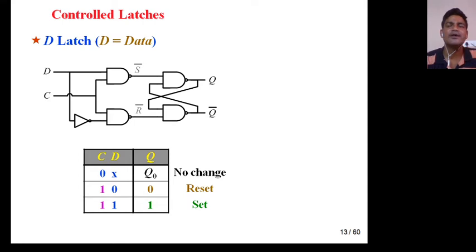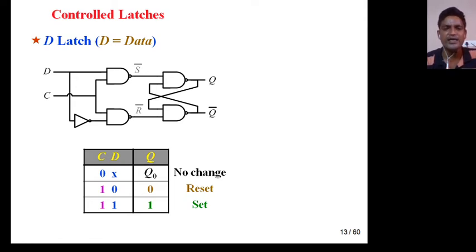this is when S equal to 1, R equal to 0. This is called your set condition. When S equal to 1, R equal to 0, we get Q equal to 1. So you can say from here Qn plus 1 equal to D. Whatever is the input, we will get in output.